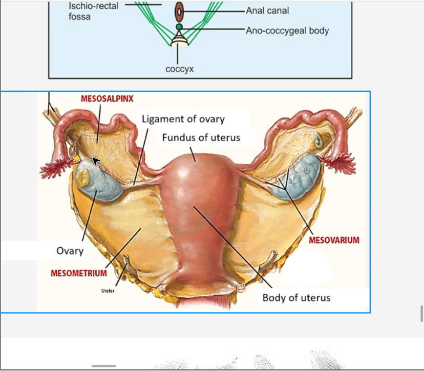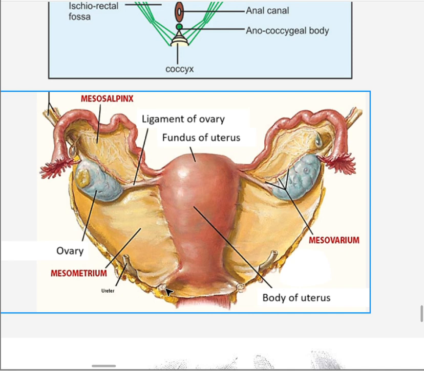Then below the ovary, the base of the broad ligament widens out. You can see it widening out here, and it contains a considerable amount of loose connective tissue called the parametrium. So there's some loose connective tissue here which we call the parametrium. At this point, the ureter is attached to the posterior leaf of the broad ligament.